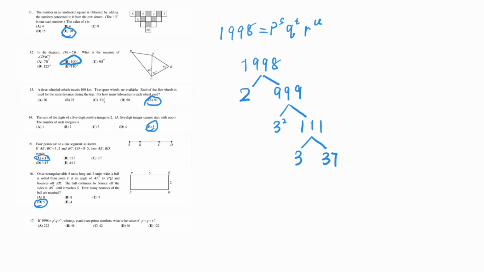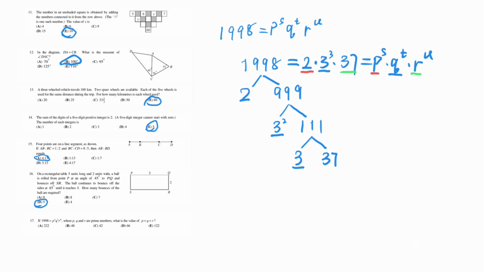So now the prime factorization of 1998 equals 2 times 3 cubed times 37, which equals P to the power S times Q to the power T times R to the power U. Now we can figure out that P equals 2, Q equals 3, and R equals 37.